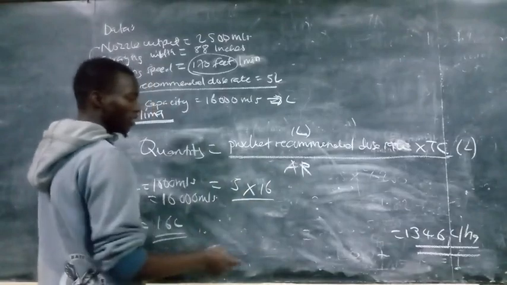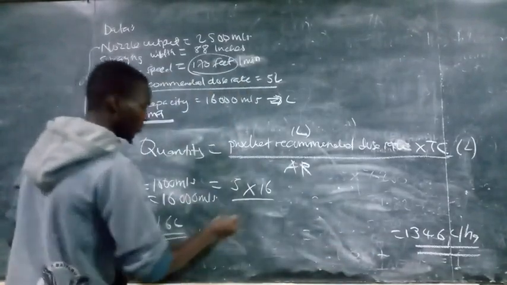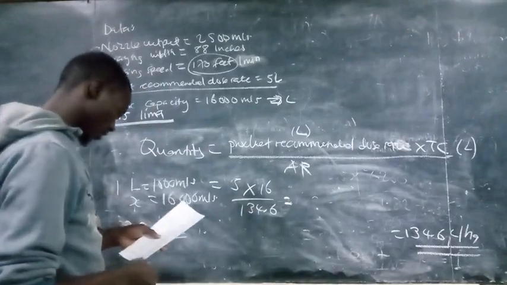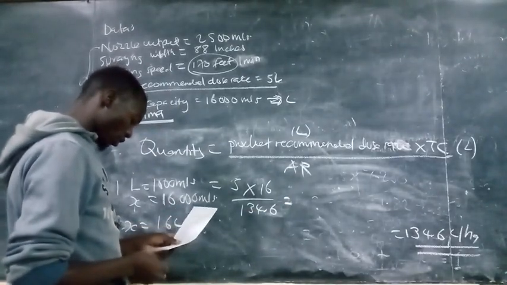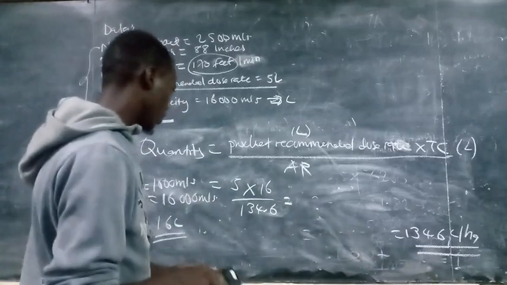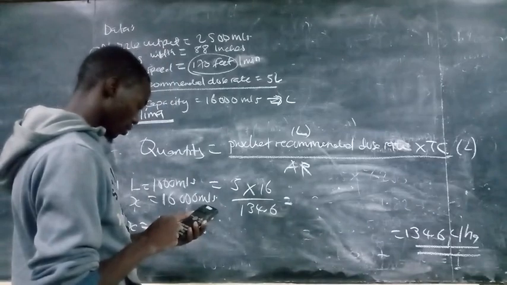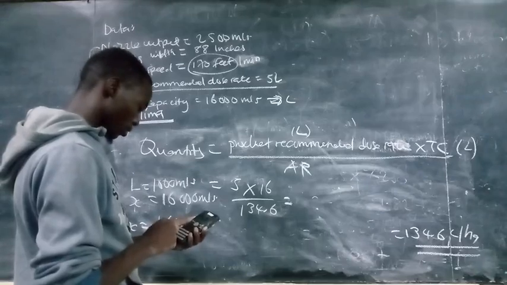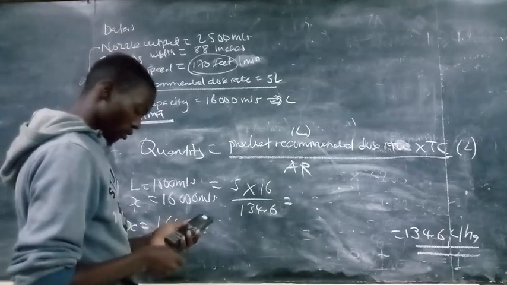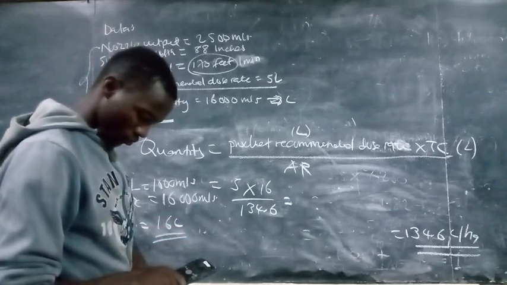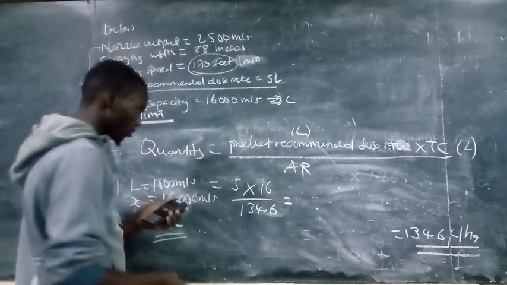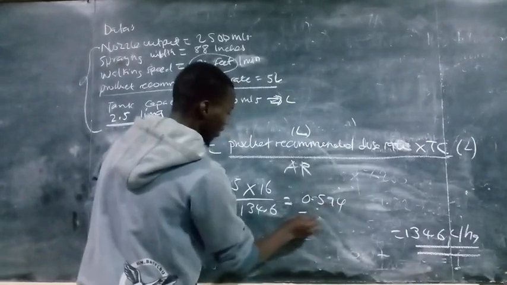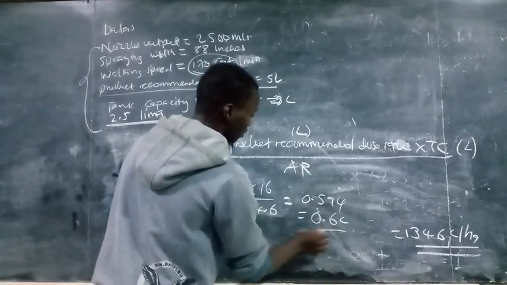We divide this by our application rate that we had calculated here, that is 134.6. So when you take in that calculation right there, you are going to have your answer as 0.594, which is approximately 0.6 liters.